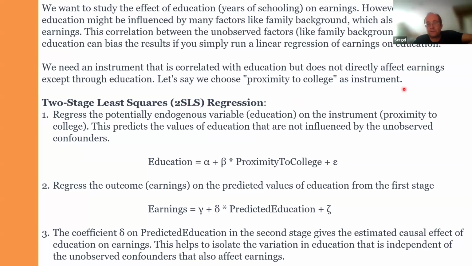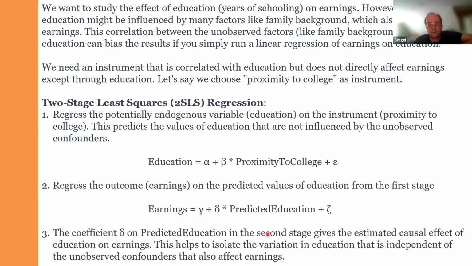So how is it done? In this case, it's very simple. It's called two-stage least squares regression. You basically calculate the value of education as a function of proximity to college. You find out the effect of the outcome on the education, and then you basically get the estimated causal effect.